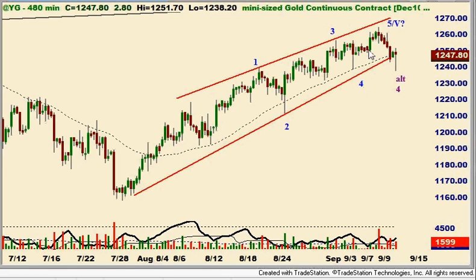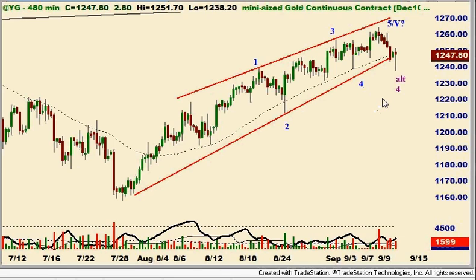Now, it's also possible that this is a correction and that we still have another leg up. But this is a very good example of what a diagonal triangle should look like, with 3-wave patterns in each of the 5 legs up, and in particular in the up legs in the pattern.